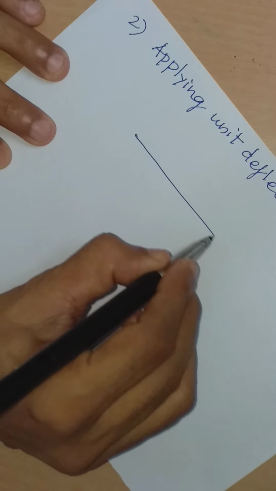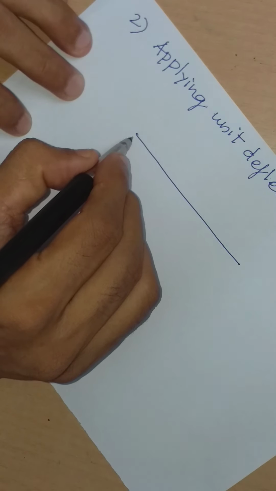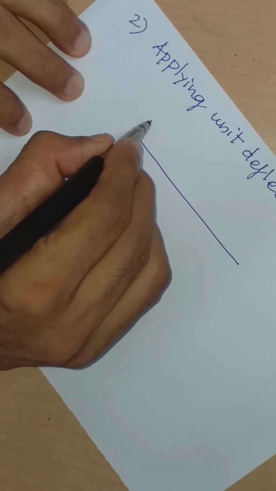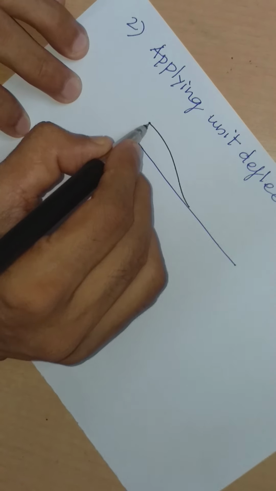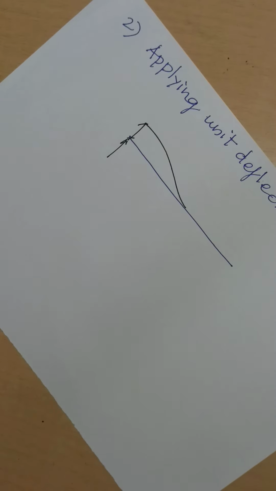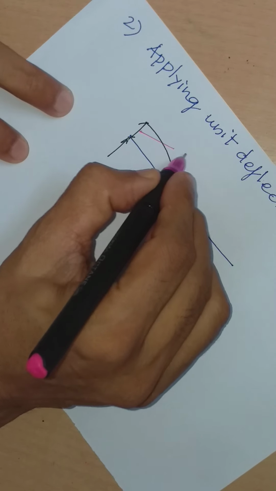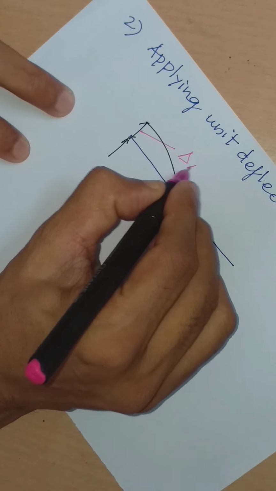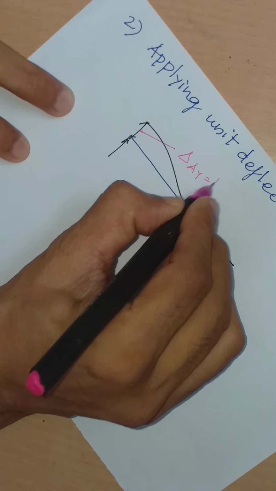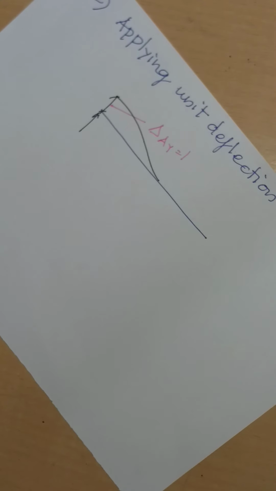This is my beam. I know my coordinate 2 is like this. So I am applying unit deflection. Now since frame is a rigid jointed structure, the deflected shape will be like this. It will not be like a truss. So this is delta A in y direction equal to 1.